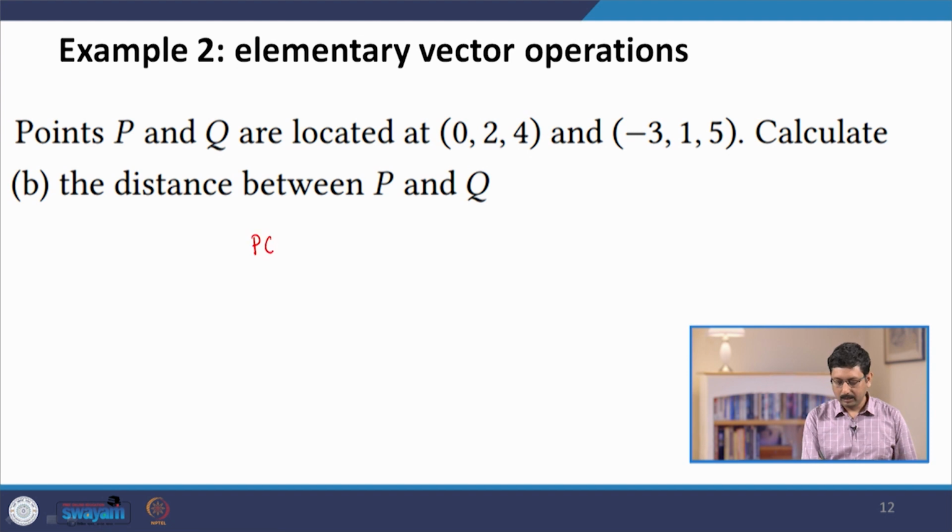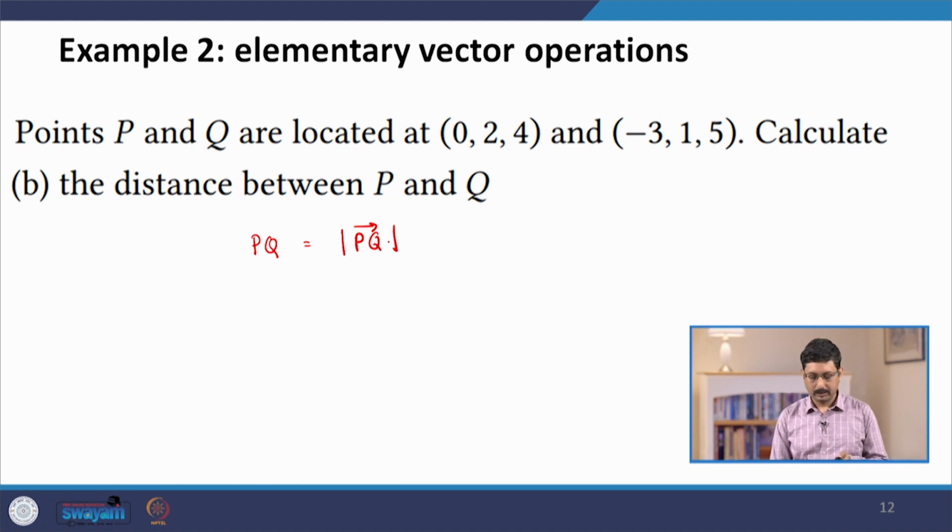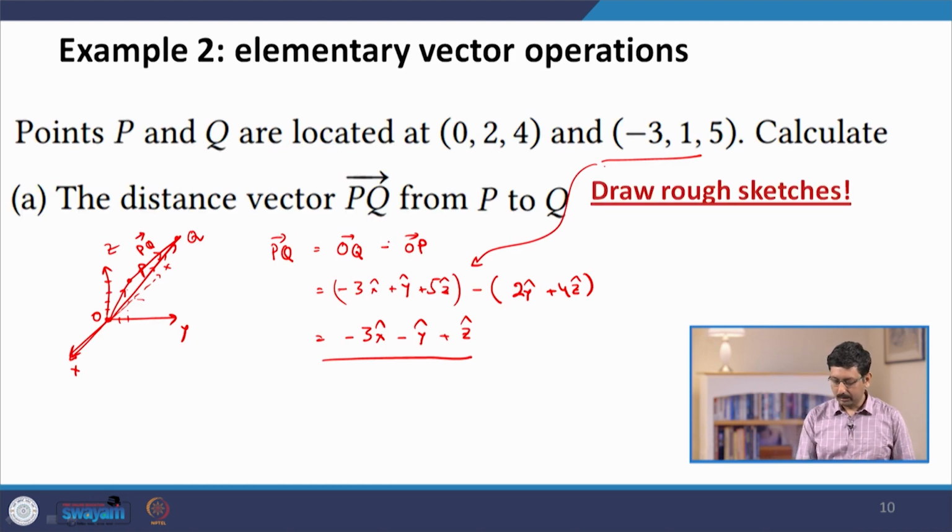So, now I need to know the distance between P and Q. So, the distance between P and Q is the magnitude of this distance vector. So, let me remember what was the answer. So, minus 3 x hat minus y hat plus z hat.